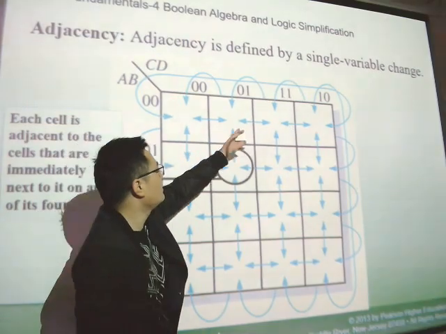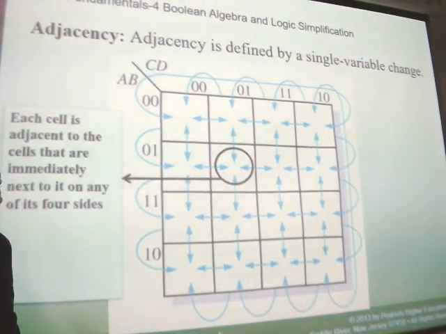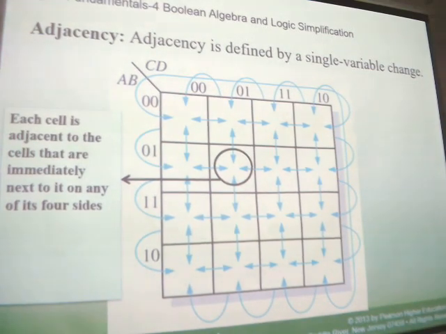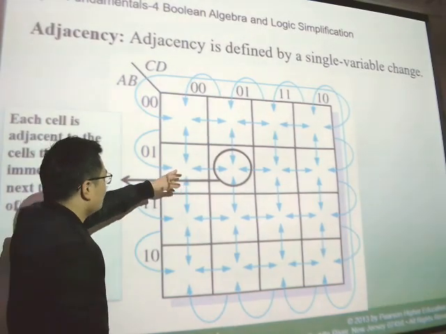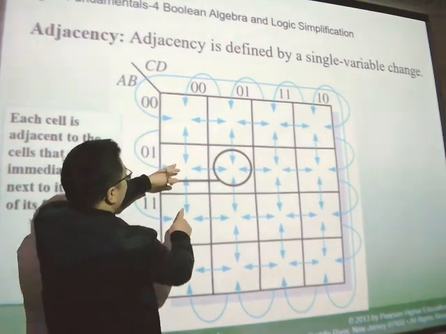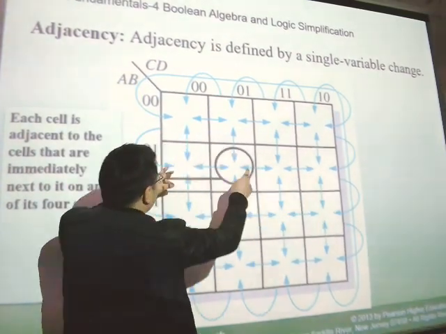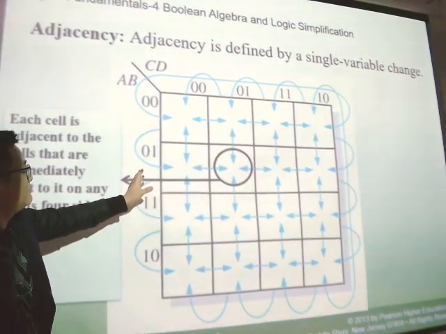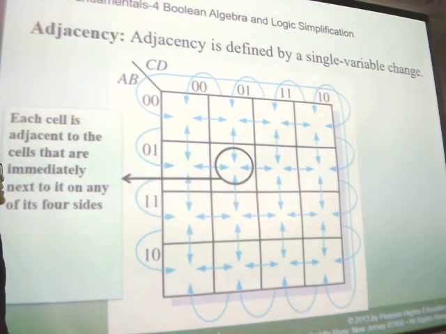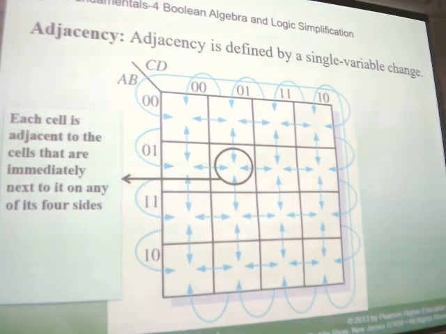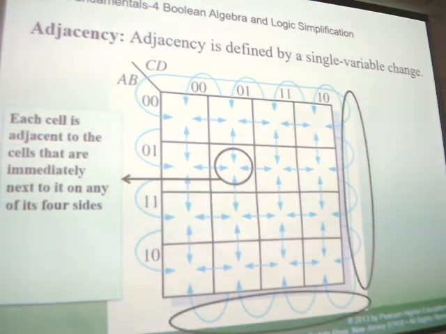These 4 cells are adjacent to this cell. And for this cell there are also 4 adjacent cells. But the diagonal cells are not adjacent to this cell.